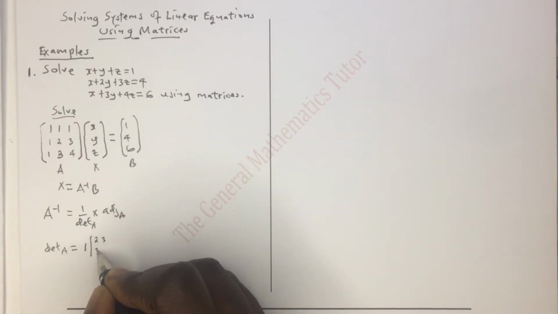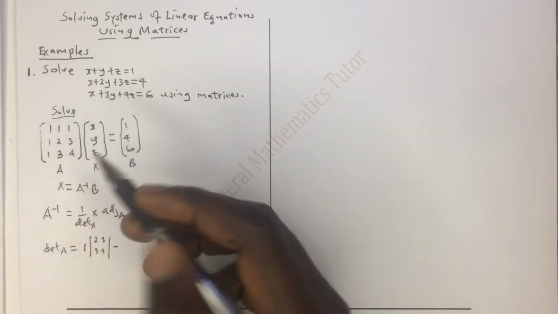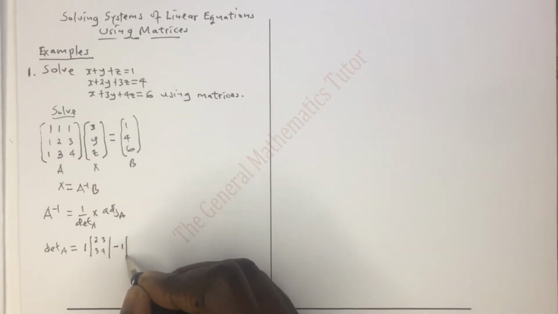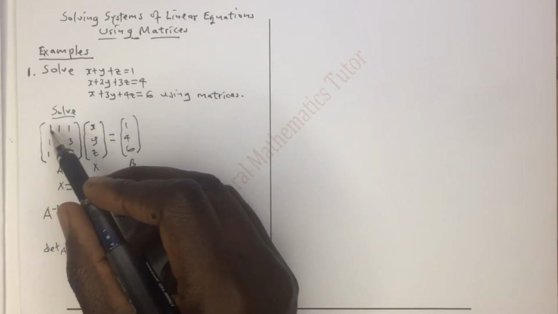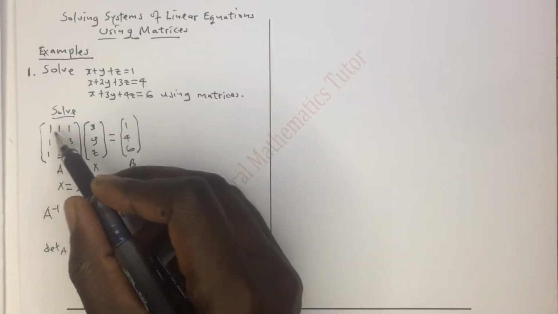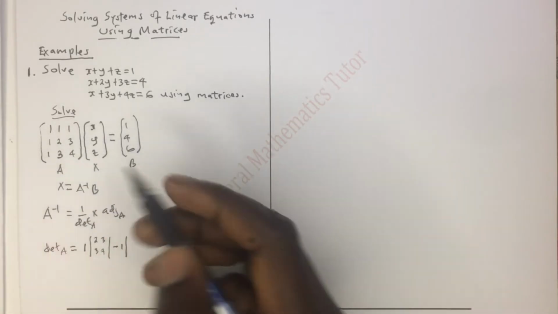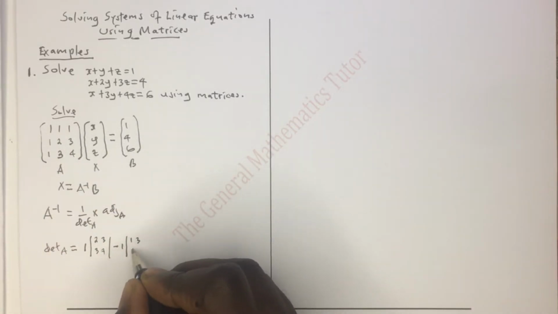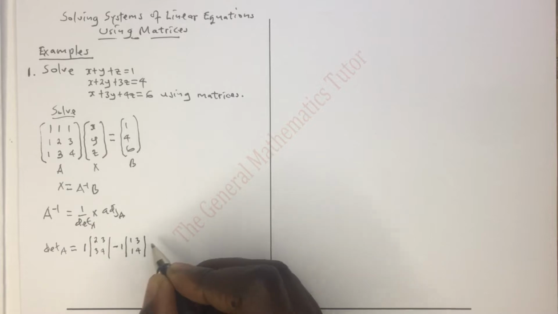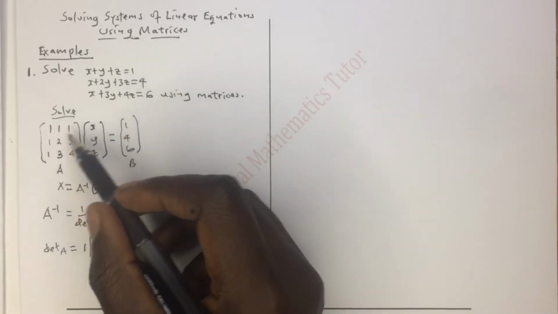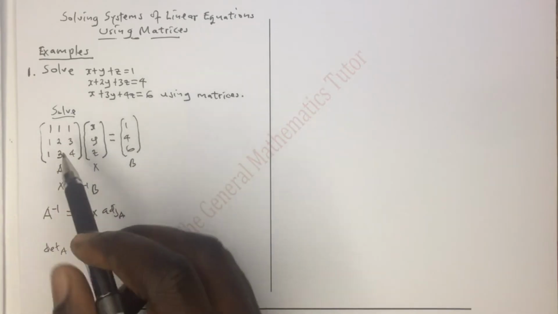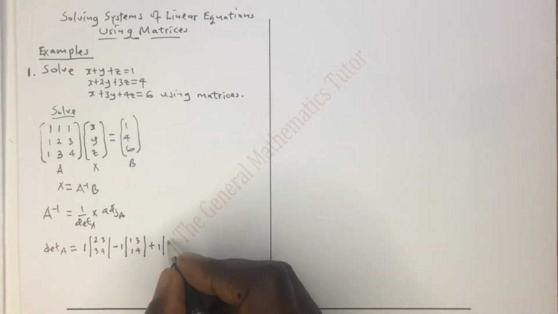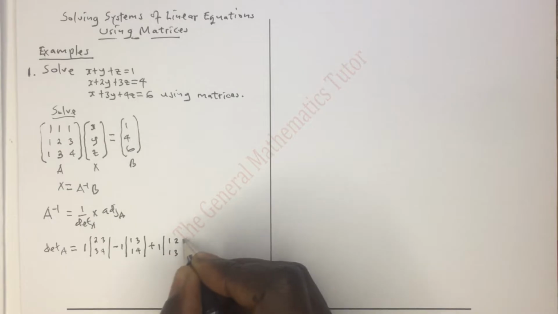Then we're going to subtract the next element, which is 1, multiplied by the determinant of the small matrix that is left when you cover the row and the column, that is 1, 3, 1, 4, plus the last element in that row, that is 1. When you cover its row and its column, you're left with 1, 2, 1, 3.